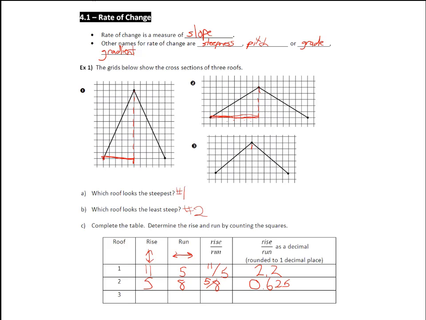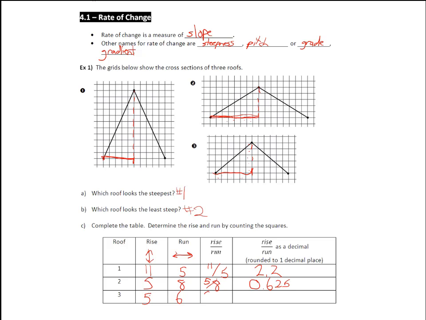Okay, same idea for number 3. You're going to keep going. Oh, my last dash didn't show up. There we go. Then we count out the number of squares: 1, 2, 3, 4, 5. So our rise is 5. Count the number of squares for the run: 1, 2, 3, 4, 5, 6. So our run is 6.